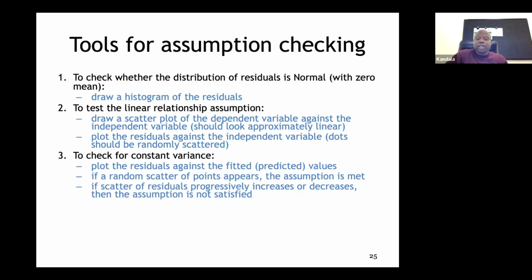And if the scatter of residuals progressively increases or decreases, then the assumption is not satisfied. A visual inspection of this, with the red line we saw there, can really quickly help you identify whether the assumption has been fulfilled or not.